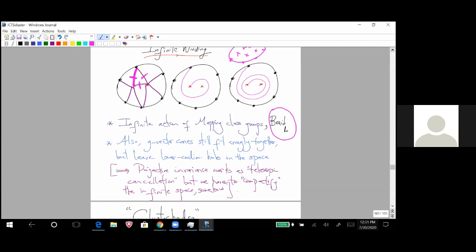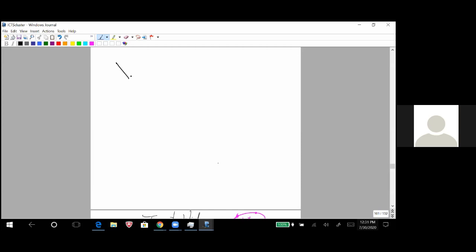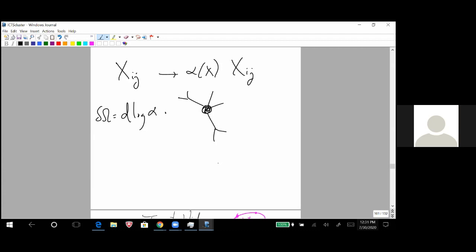So as we saw in our first example of how the projectivity works, what's going on is that when I do the projective variation of the form, let's say all these xij's go to alpha of x times xij, then under the projective variation of the form, I get something like d log alpha multiplied by something which had a partial triangulation where I lost one of the variables and everything else was already factorized, but I had a sort of 4-point in the inside.